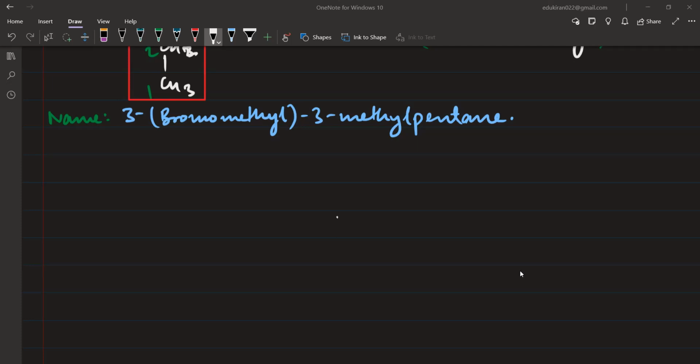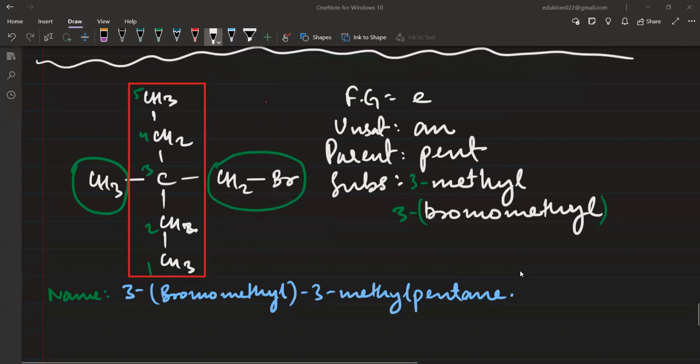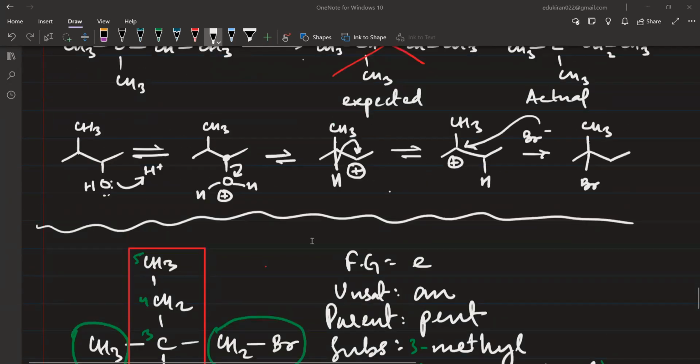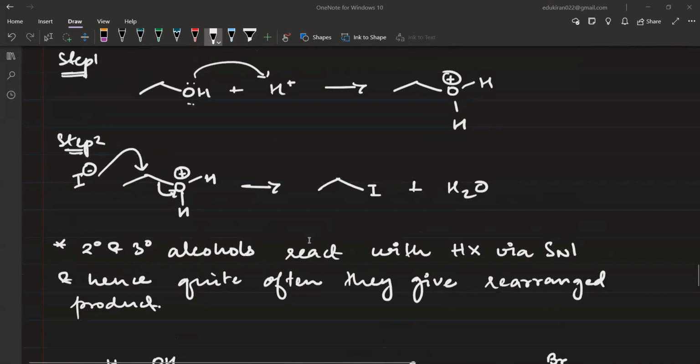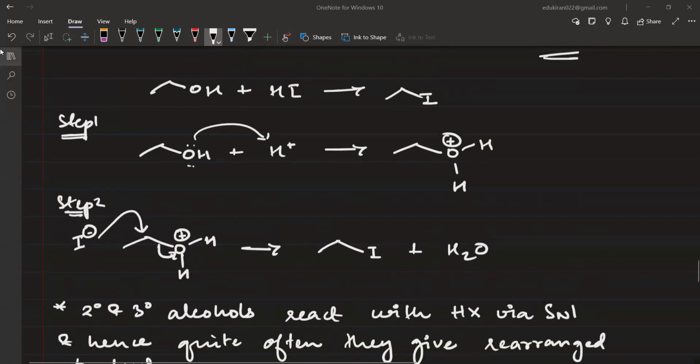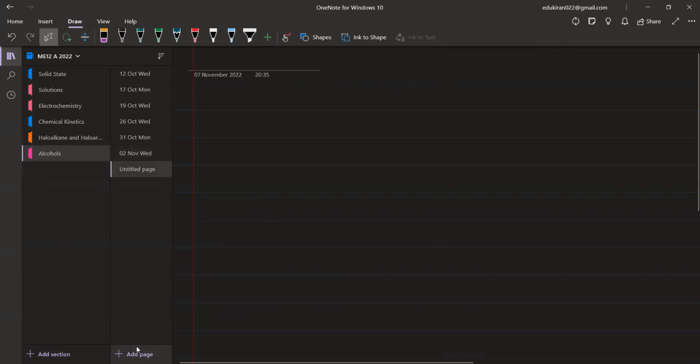Okay. Now in the last lecture, we were doing some reactions of alcohols, specifically the reaction with hydrogen halide. Now we are going to move on to other reactions.